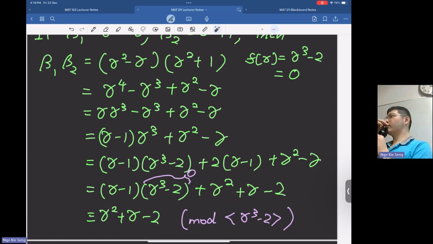Yeah, so that's why just now I commented about the Chinese remainder theorem for ideals, because what we're really doing is just modulo the multiples that are generated by the elements in the ideal.